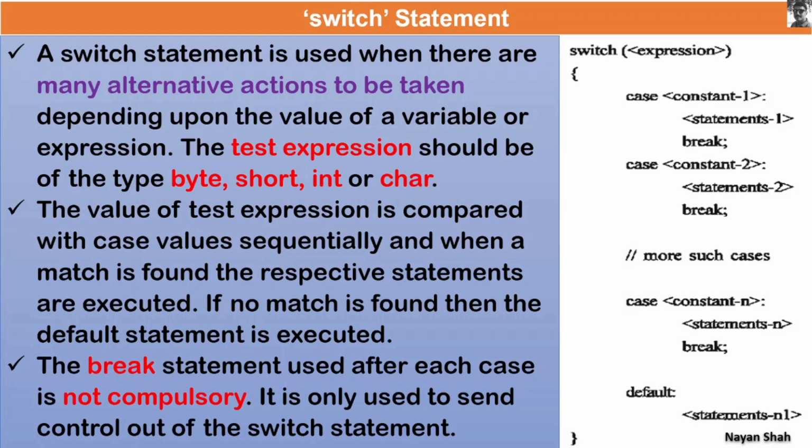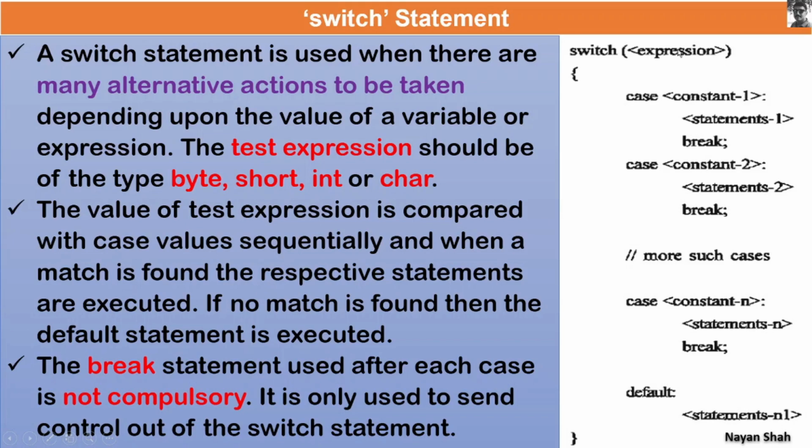The value of the test expression is compared with case. Whatever the test expression is right here, its value will be compared with all these different cases one by one. As many cases as you want to write, you can write. And when a match is found, the respective statements are executed.